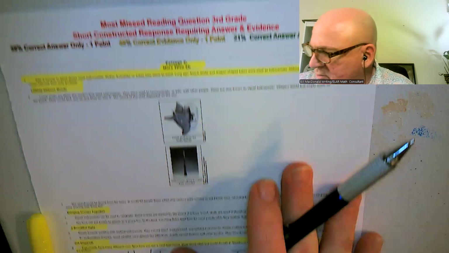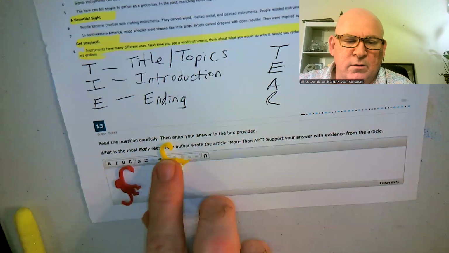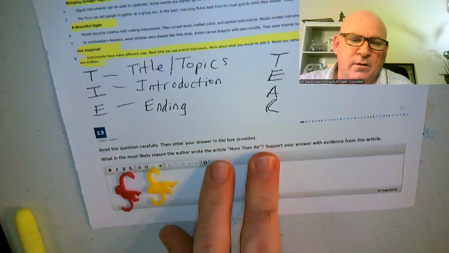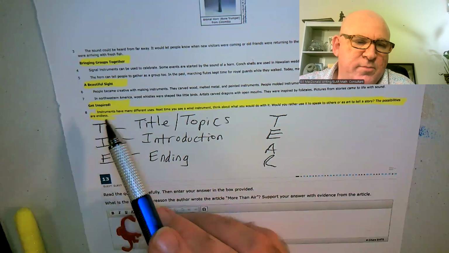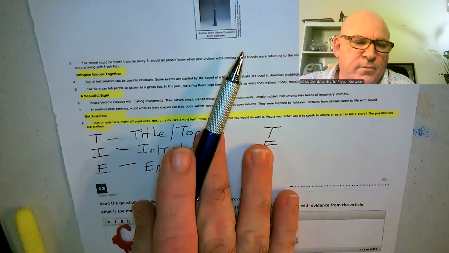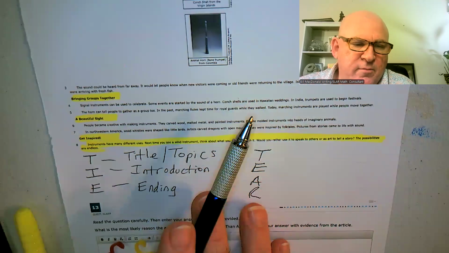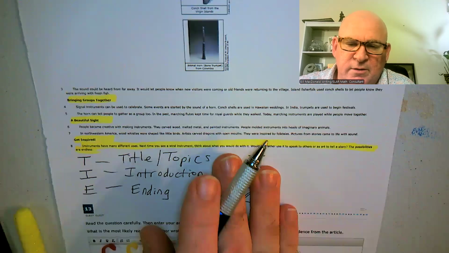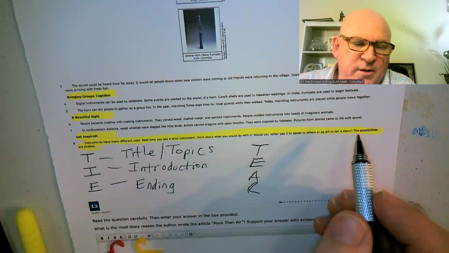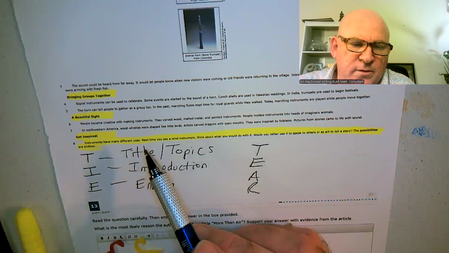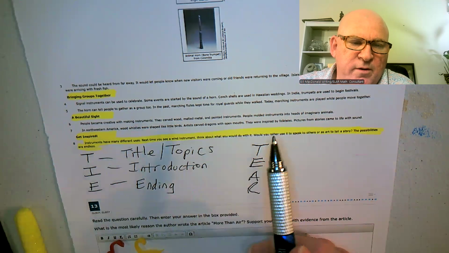And if I was to choose the ending as my evidence, the students can say, in the last paragraph, or in paragraph 8, the author mentions that there are endless possibilities for instruments and how to use them in positive ways.